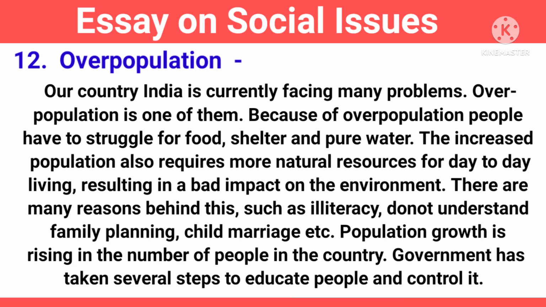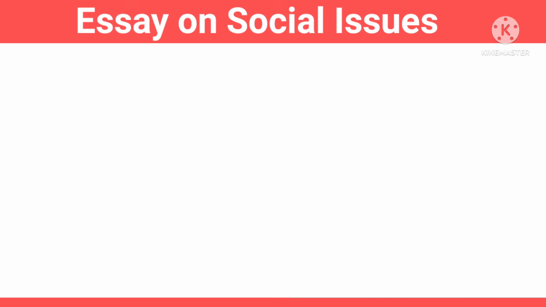There are many reasons behind this, such as illiteracy, not understanding family planning, child marriage, etc. Population growth is the rise in the number of people in the country. Government has taken several steps to educate people and control it.